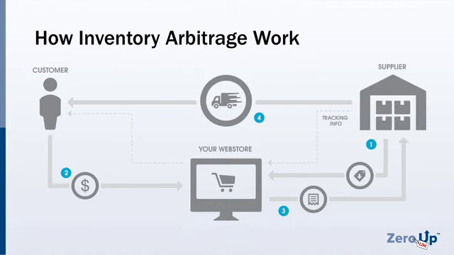So on step one, you find the supplier that will obviously give you the ability to arbitrage their inventory. And when you found them, you simply grab the following information. Number one, what your cost is going to be. Number two, what the description of the product is going to be, and number three, the pictures of the product that you want to sell.